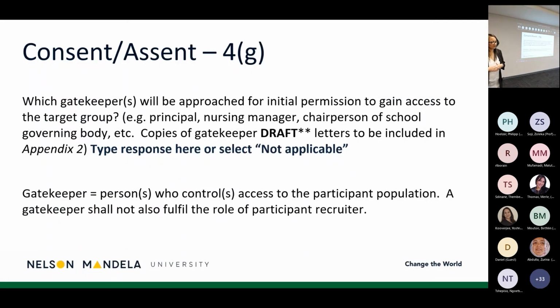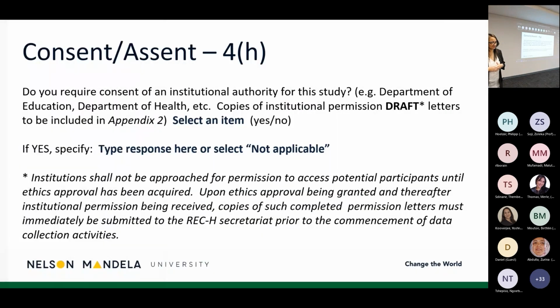Gatekeepers, that's fairly obvious. Let's go on. And do you require an institutional authority to consent? Now, a gatekeeper, an institutional authority would be someone like the Department of Education, you know, the very high levels of permission.